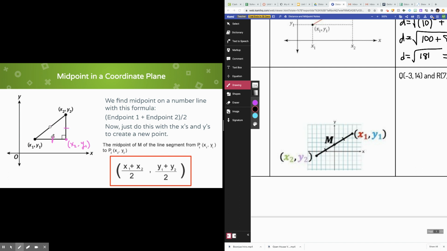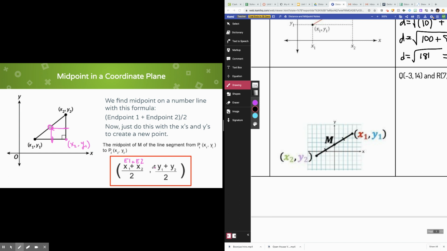My drawing's not super great, but if we combine them, it puts us right here, which is the midpoint of this segment x1, y1, x2, y2. It's exactly the same as on a number line: endpoint 1 plus endpoint 2 divided by 2, done once for the x's and once for the y's.